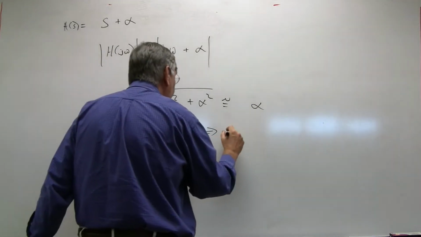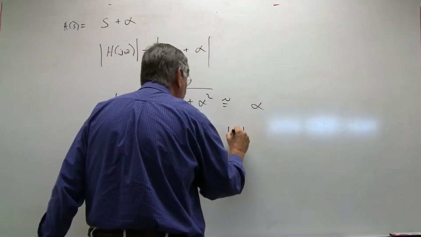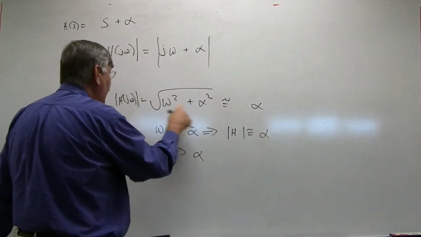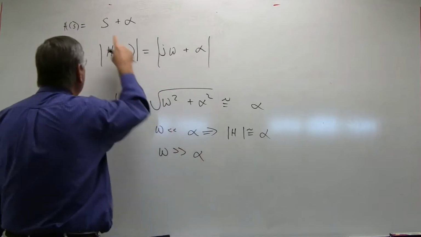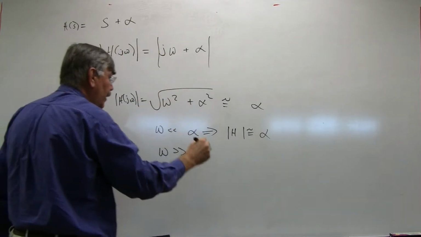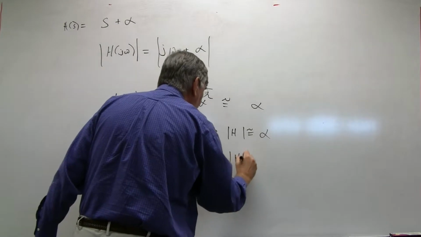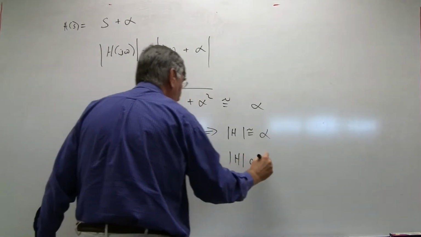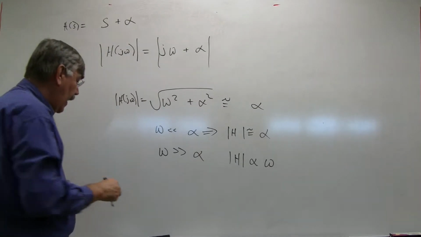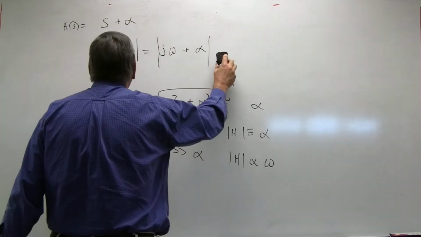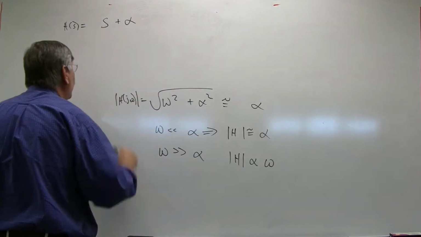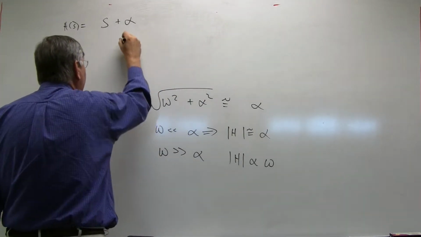When omega is much, much larger, the s term is the one that's bigger, and h is approximately equal to s, so the magnitude of h is proportional to omega. So we've got two asymptotes, and they're both proportionalities. This is a function with a single zero, and we can make a plot.